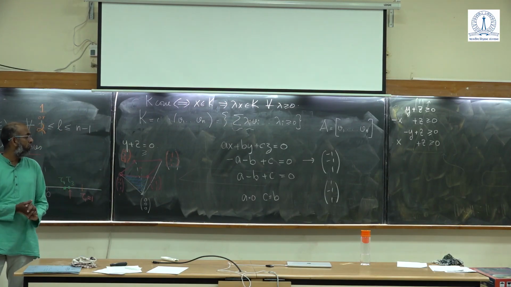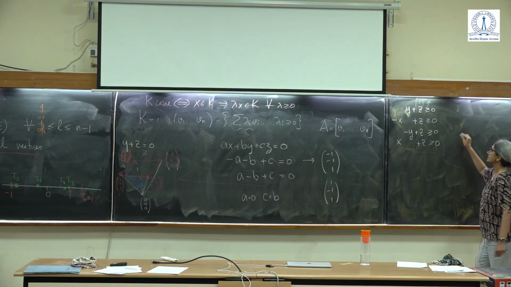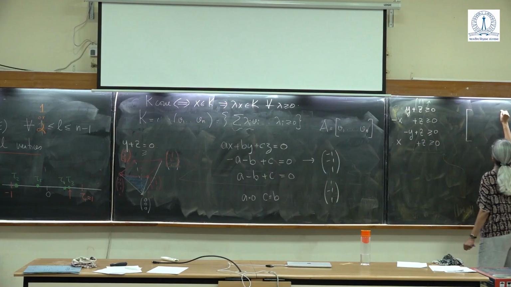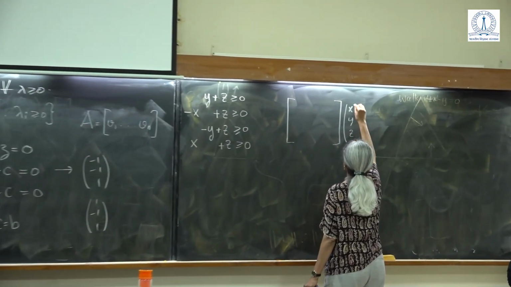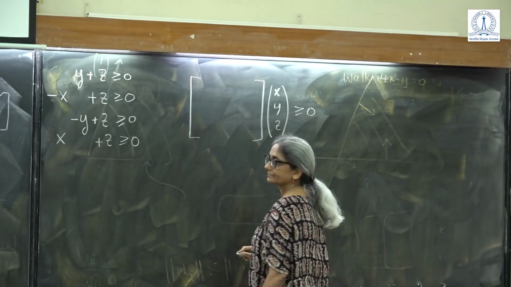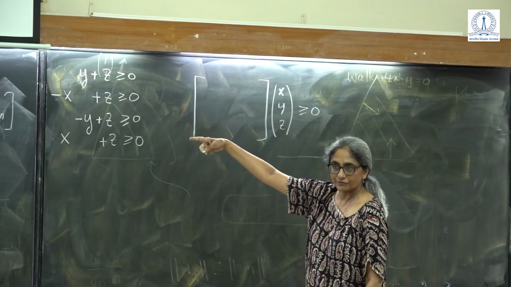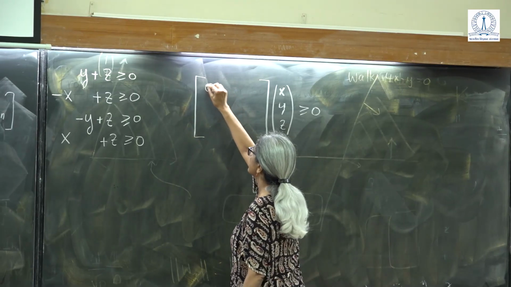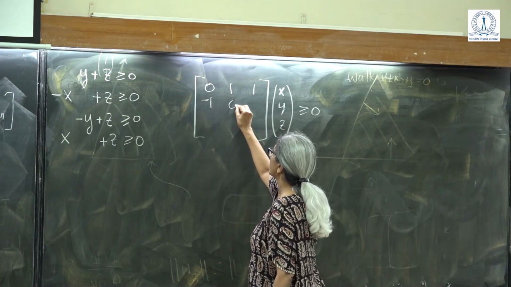Okay, so let's write this in matrix form now. These are the inequalities. I want to write this as some matrix times x, y, z greater equal to 0. So I just have to lift the coefficients from this, right? The first one is 0, 1, 1. The next one is minus 1, 0, 1.